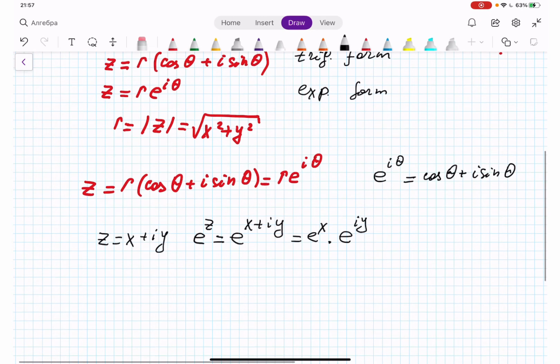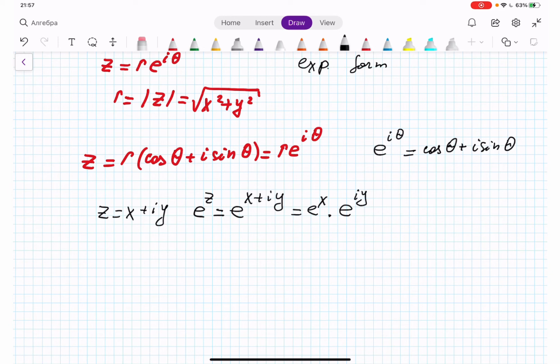In the case when z is a real number, which means the imaginary part is 0, if z equals x plus 0i, then we get e to power z equals e to power x plus 0i, so e to power x times e to power 0, and it's equal to e to power x.